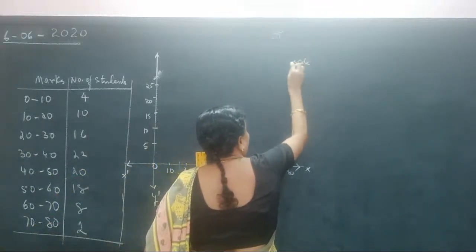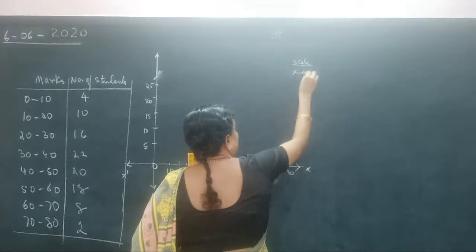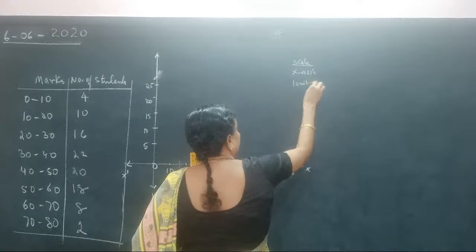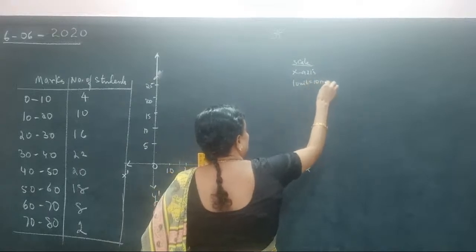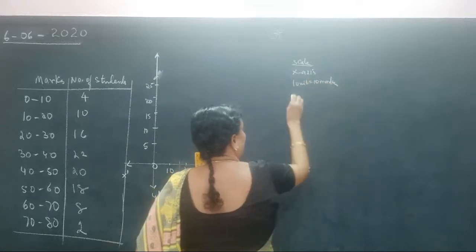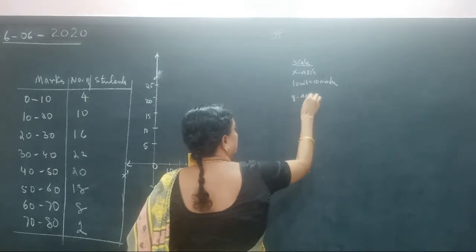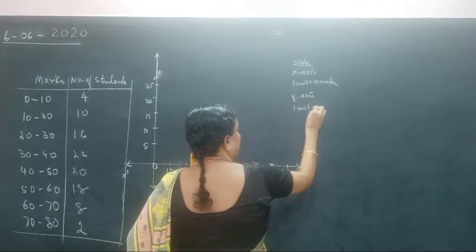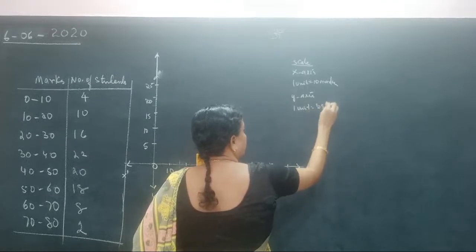What does the scale depict here? X-axis: 1 unit is 10 marks. Y-axis: 1 unit is 5 students.